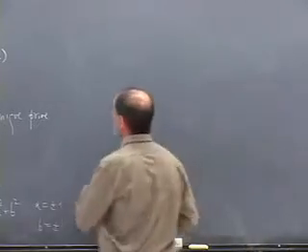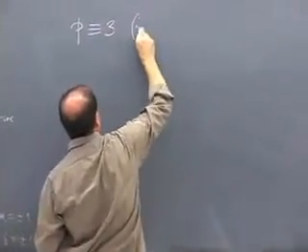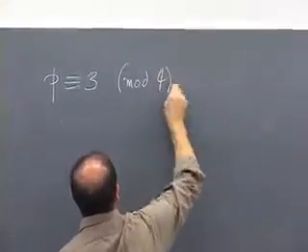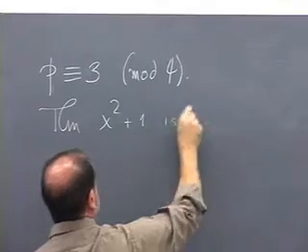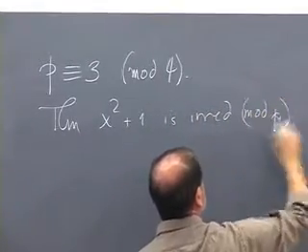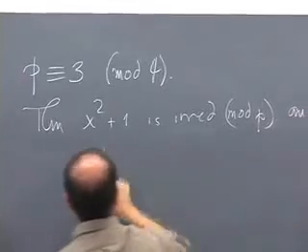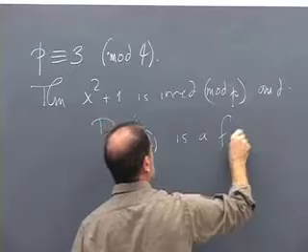If P, on the other hand, leaves a remainder of 3 on division by 4, then x squared plus 1 is irreducible mod P, and R mod P is a field.